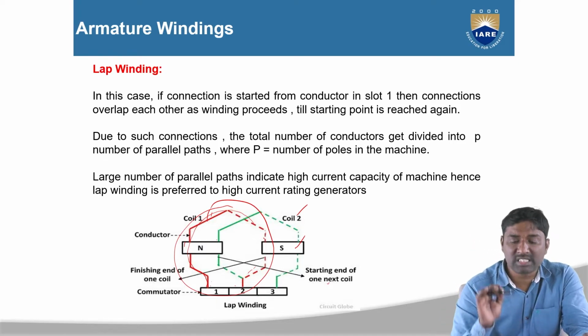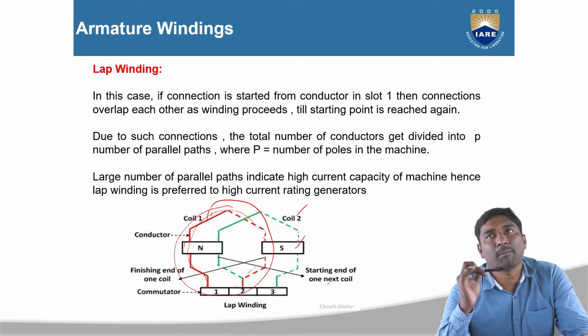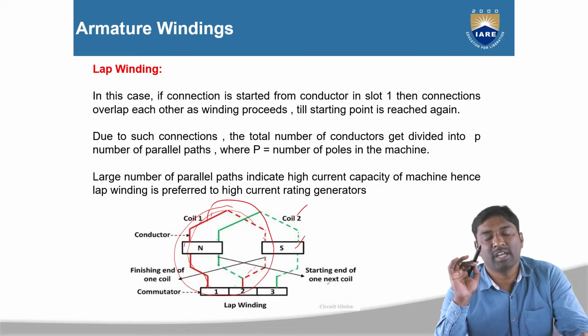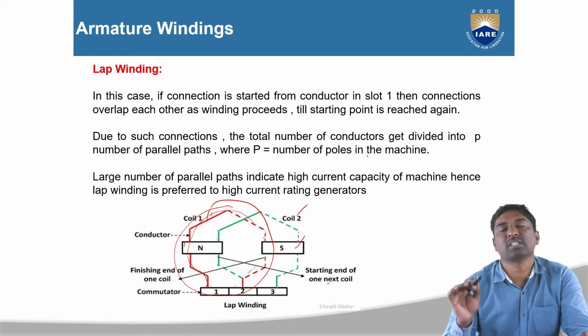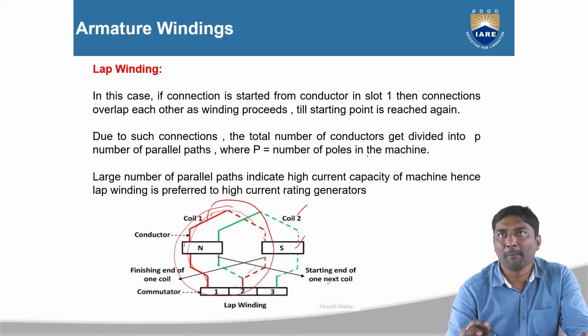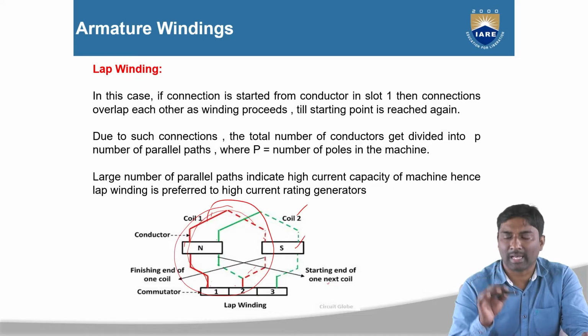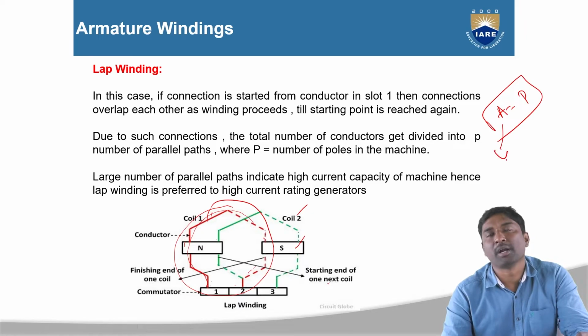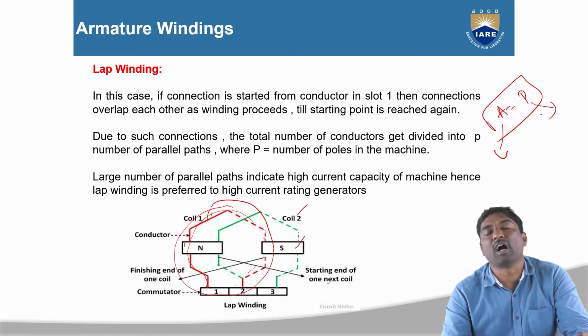So due to this connection, the total number of conductors gets divided into a number of parallel paths equal to the number of poles in the case of lap winding, where P is the number of poles in the machine. So the number of parallel paths in lap winding, A, is equal to P, where A is the number of parallel paths and P is the number of poles of the machine.